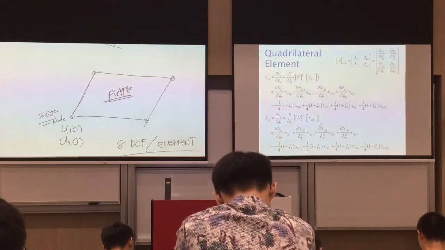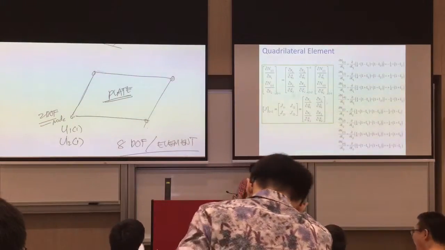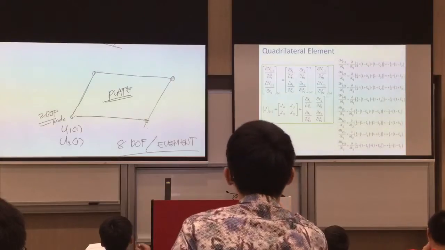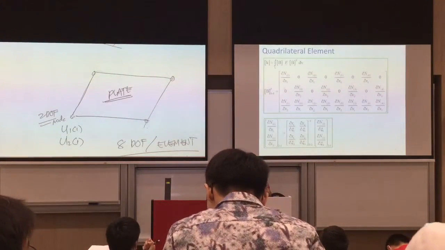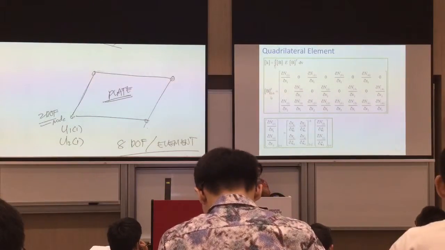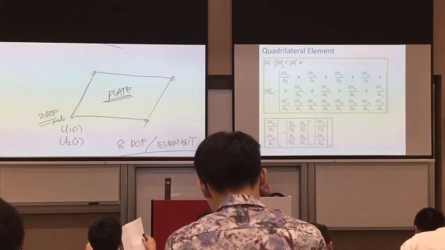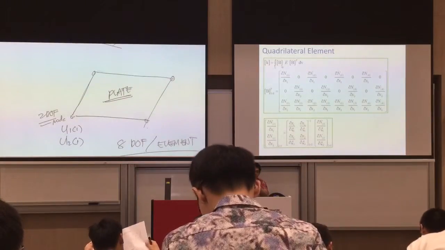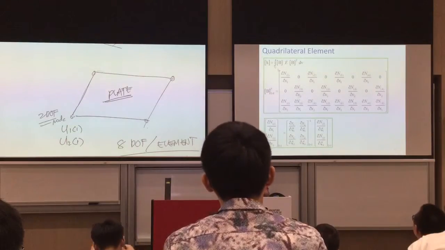Once you get that, you go back to your equation and calculate this one, and you get your strain displacement matrix. Once you get the strain displacement matrix, go back to the stiffness matrix to calculate this one. The integration is very straightforward.